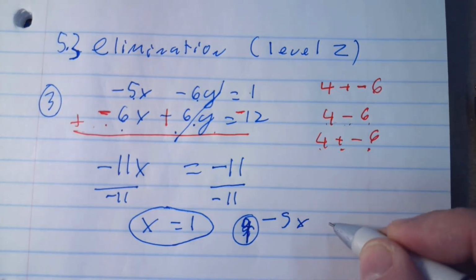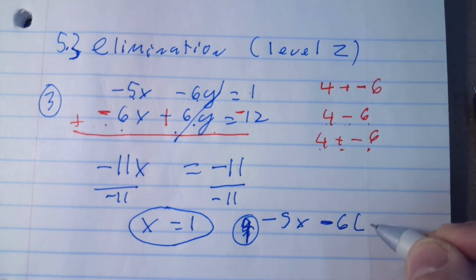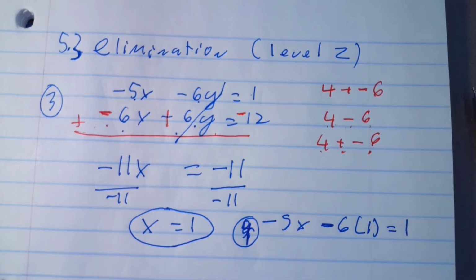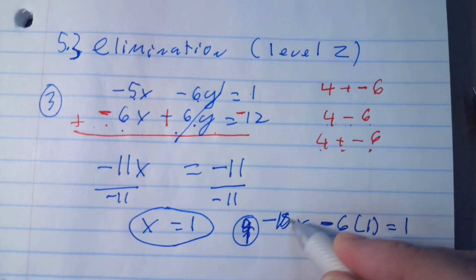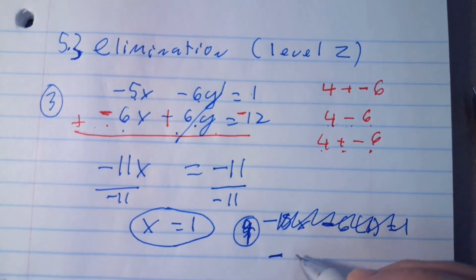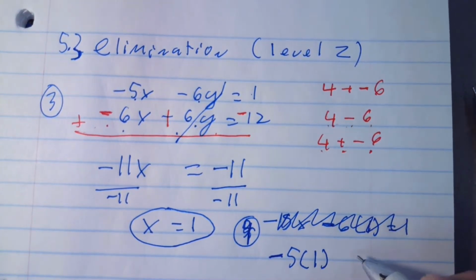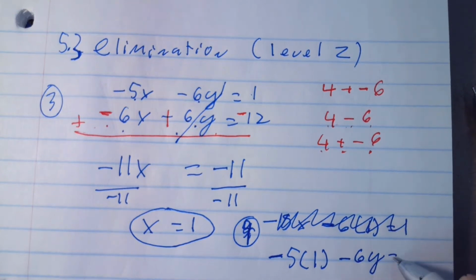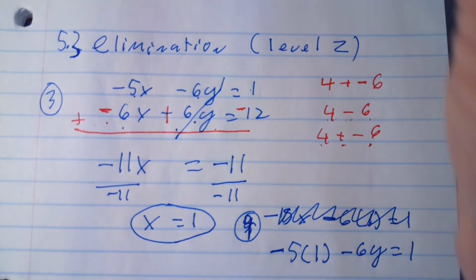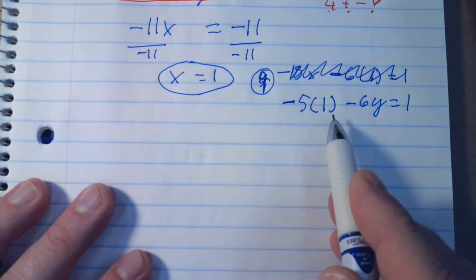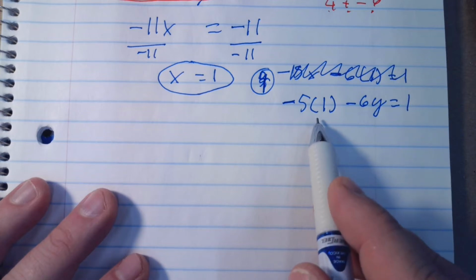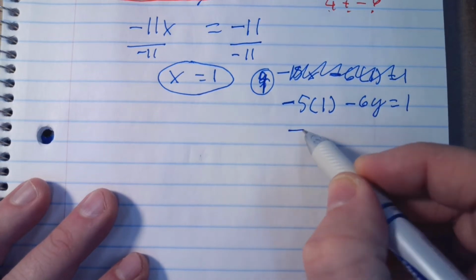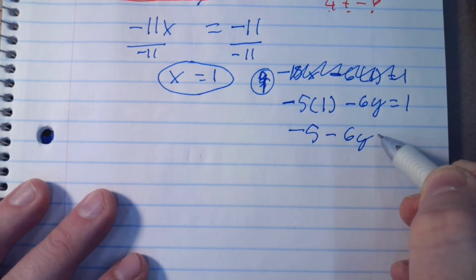So negative 5x minus 6 times 1. I did this wrong. What did I do wrong? Where's the 1 supposed to go? So it should be negative 5 times 1 minus 6y equals 1. Is that better? Okay, double check yourself. I see a lot of people just stick it wherever they feel like it, and that doesn't work. That would end up being a negative 5, negative 6y equals 1.